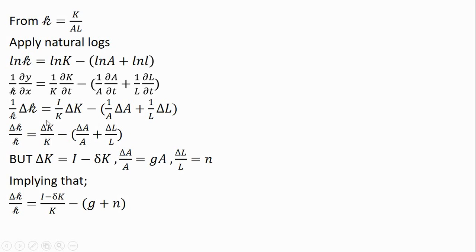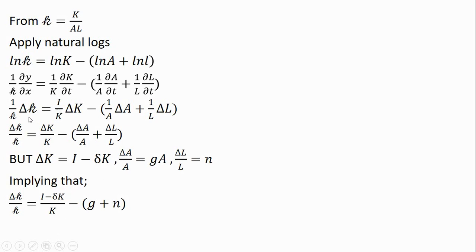We substitute in for change in k, we also substitute in for change in a over a, and for change in L over L. We come up with change in kappa over kappa. This is change in capital per effective worker over capital per effective worker is equal to investments minus sigma k over k.